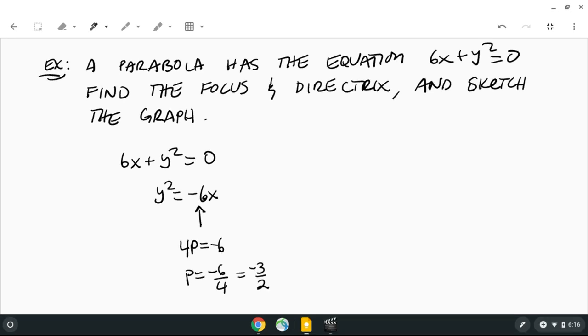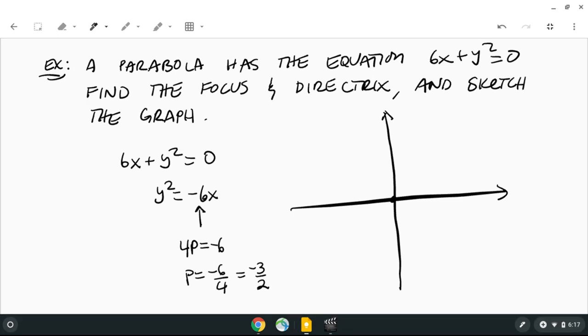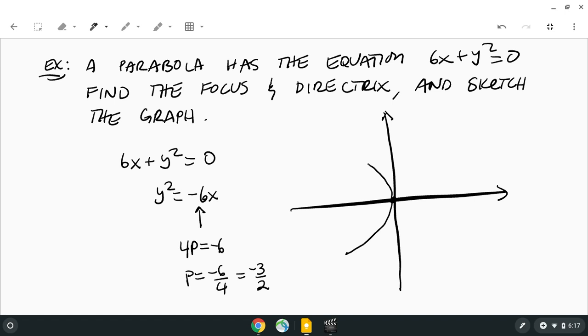All right. So we know y is being squared. So it's a sideways parabola, vertex at 0, 0. The p-value is negative, so we know it opens towards the negatives.